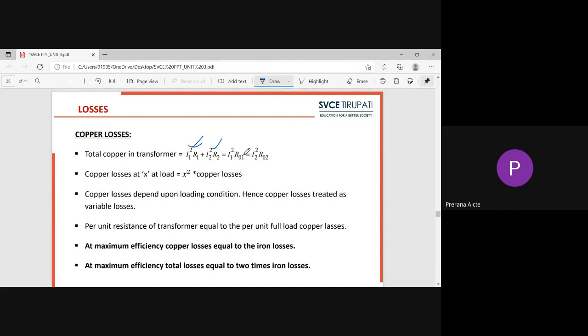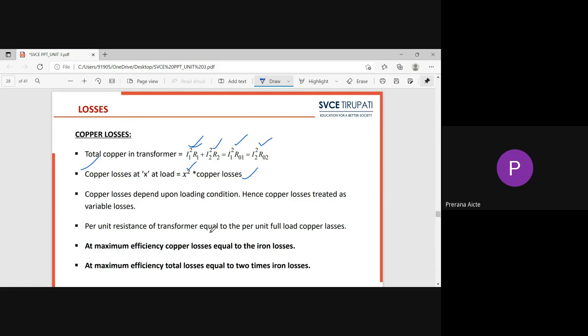The total copper losses with respect to the primary side are I1 square into R01. The total copper losses with respect to the secondary side are I2 square into R02. So copper losses at x fraction of load, we take x square into copper losses. Generally we call the copper losses variable losses. Why? Because these losses depend on load current.